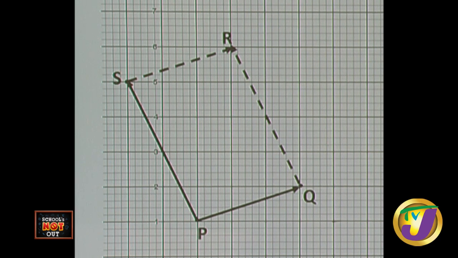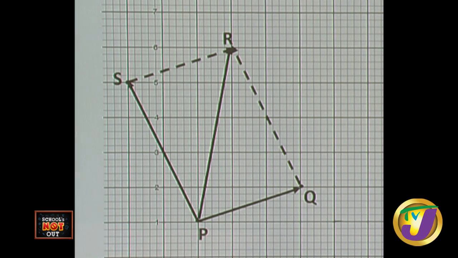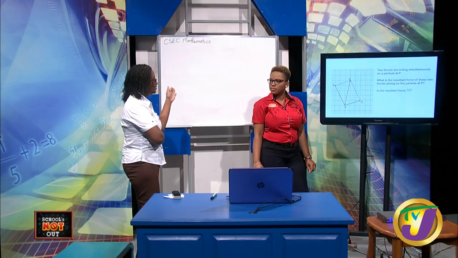We made a guess: is the resultant vector PR? I think so. When we looked at the previous questions and at the resultant vector, we noticed that when we added those vectors, we ended up with the resultant vector.